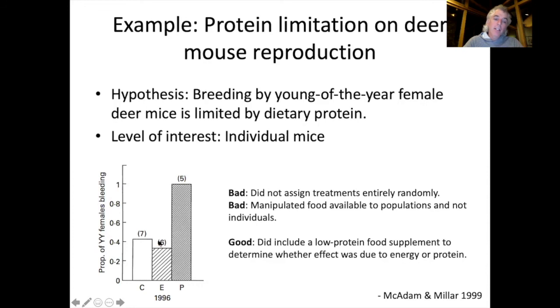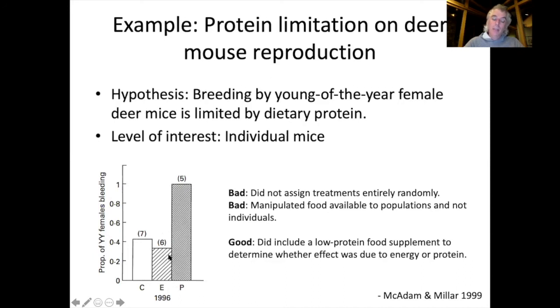And the results of this experiment are shown in this figure on the bottom, where it did appear that breeding by young of the year female deer mice was limited by dietary protein, because when I supplemented them with high protein food, a much higher proportion of those females were able to breed as young of the year than females in control populations or the high energy but low protein supplementation.